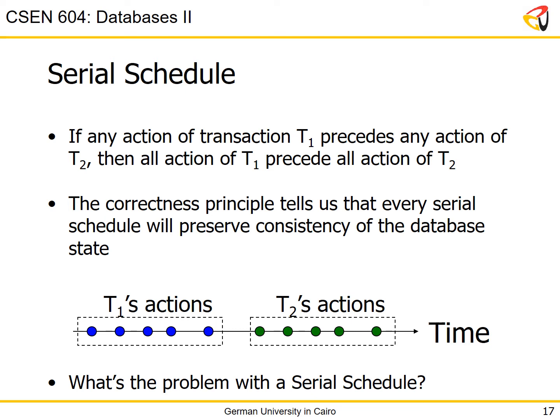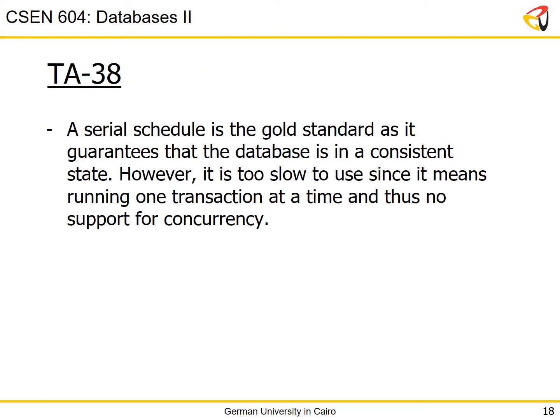More about this will come soon. So, to summarize, a serial schedule is the gold standard as it guarantees that the database is in a consistent state. However, it's too slow to use since it means running one transaction at a time and thus no support for concurrency or running things in parallel.